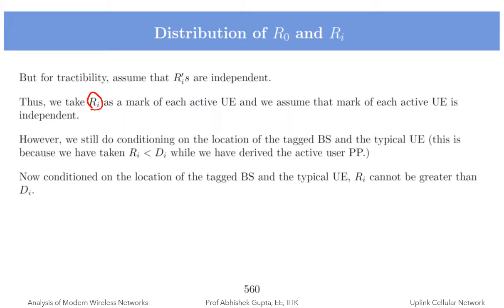What is crucial here is that this Ri does depend on the user location and the base station location also. And that may affect the interference a lot. We saw that because of the typical user location and the base station location, there would be some region in which other interfering users cannot exist, and that is represented by the active user density.